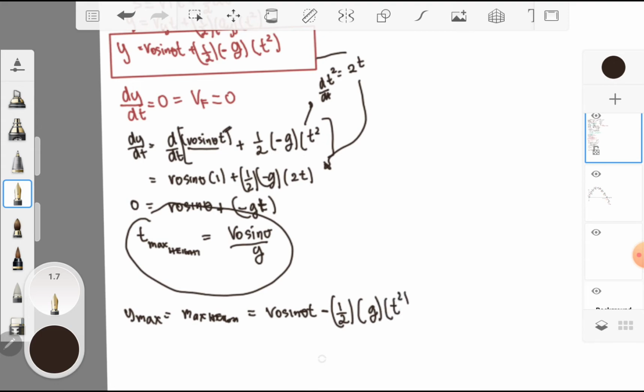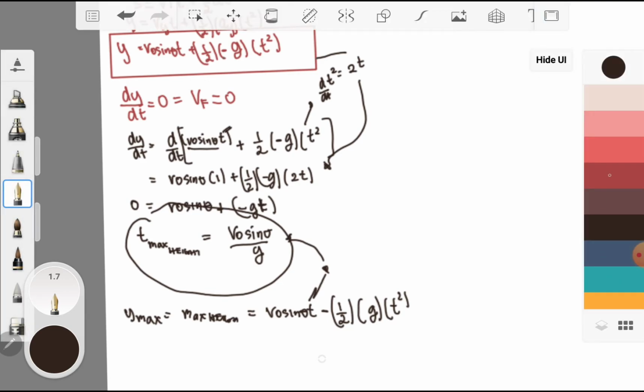But it became less because this negative was multiplied by the positive. So, our t is this. Okay? So, solving for our max height.